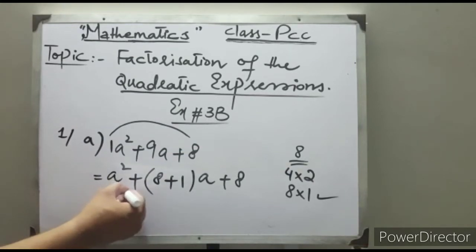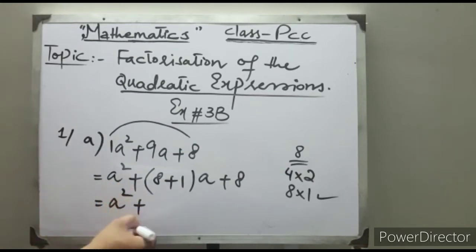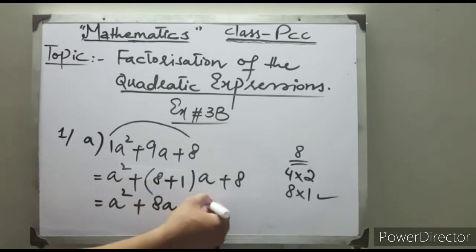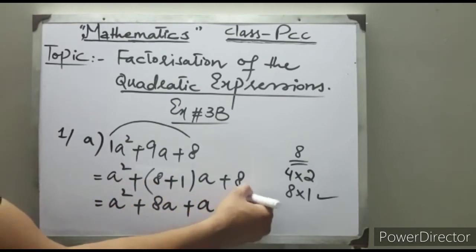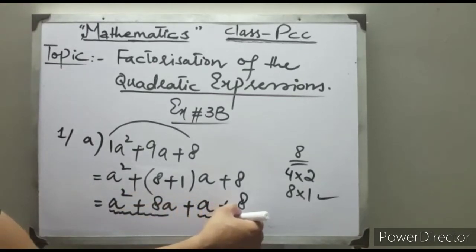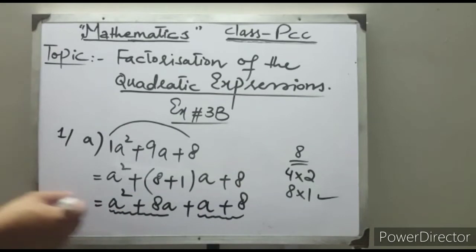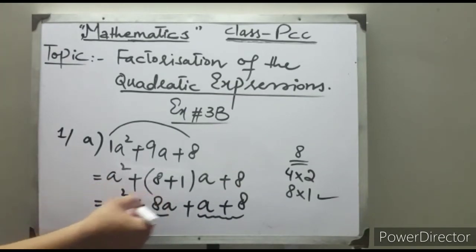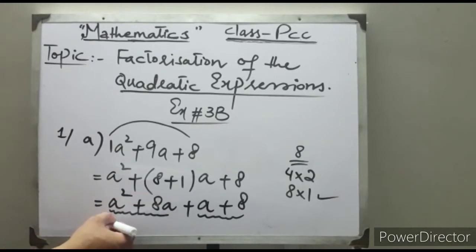Now expand the middle bracket. a square plus 8a plus a plus 8. Now we have two pairs, a square plus 8a and a plus 8. From the first pair you can see a is common.